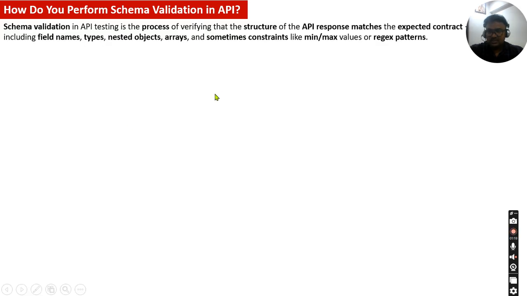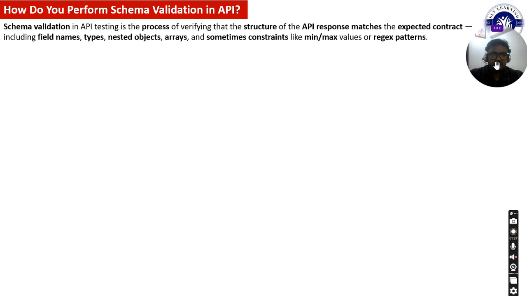Schema validation in API testing is the process of verifying that the structure of the API response matches the expected contract, like the data types, the field names and all those things. If there is any nested object, all those things should be matched based on the API documentation and the requirements that have been provided, against the response that they have given.